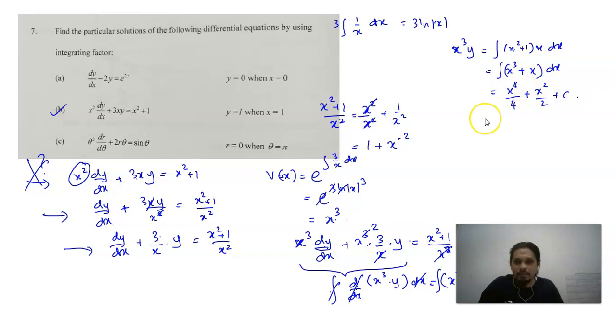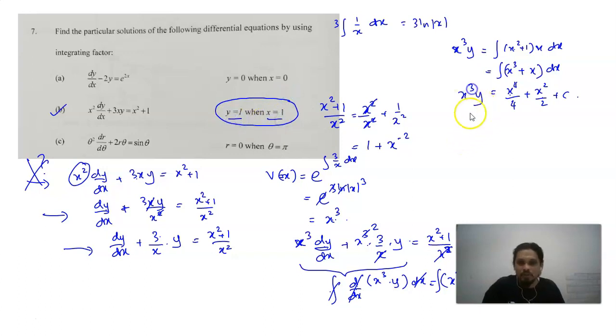And then divide by x cubed everywhere. Let's take a look at this one now. x equals 1 when y equals 1.